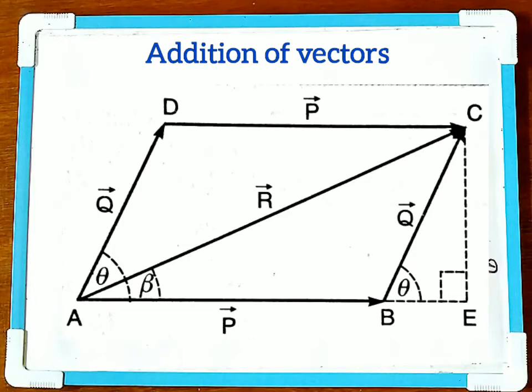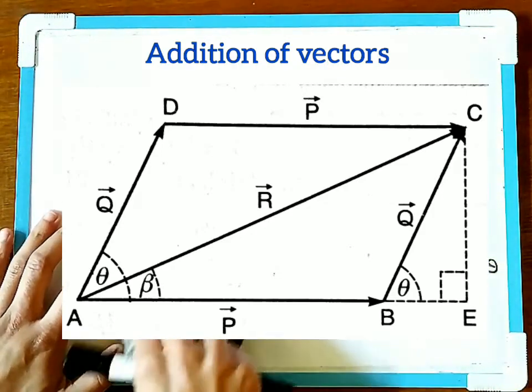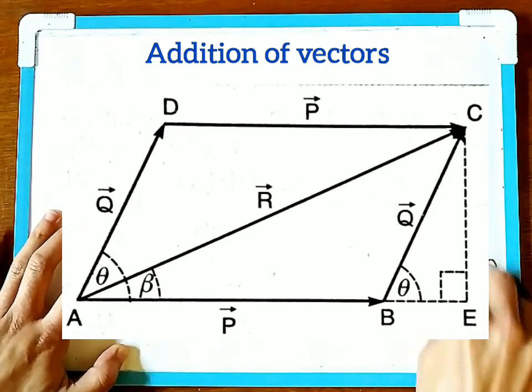Now come to the direction. How do you find the direction? The direction is given by this angle beta, isn't it? So from triangle ACE, what is tan beta equal to?